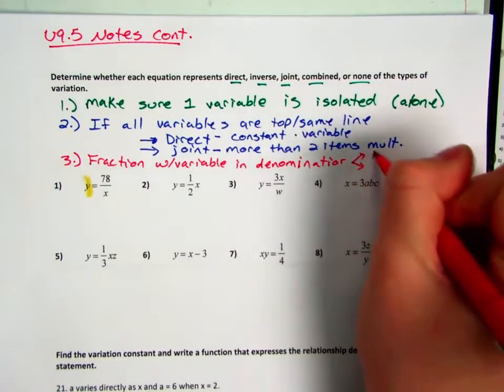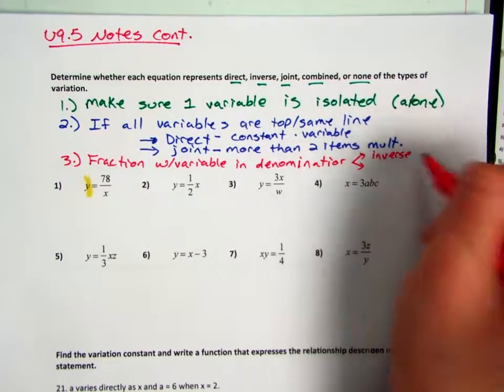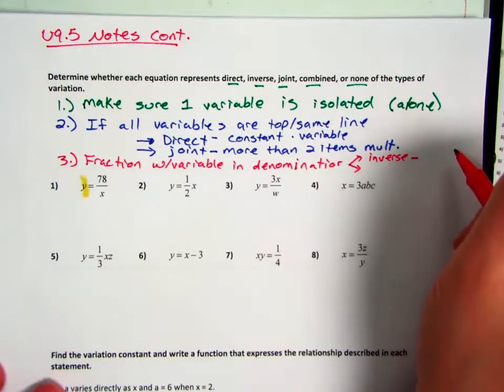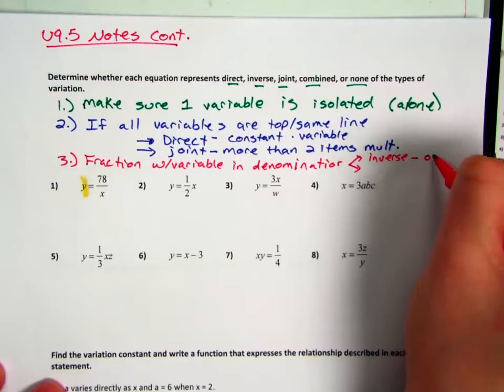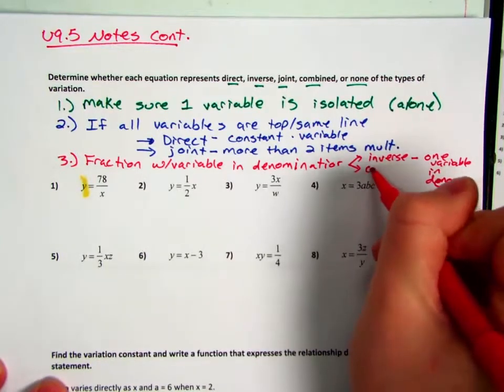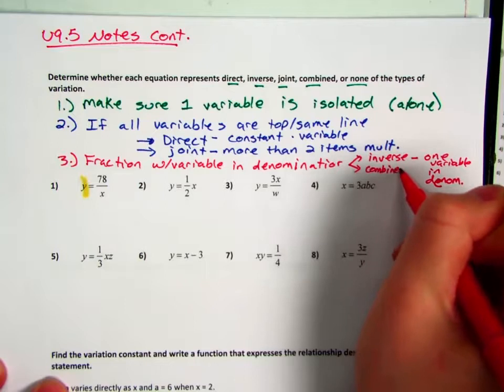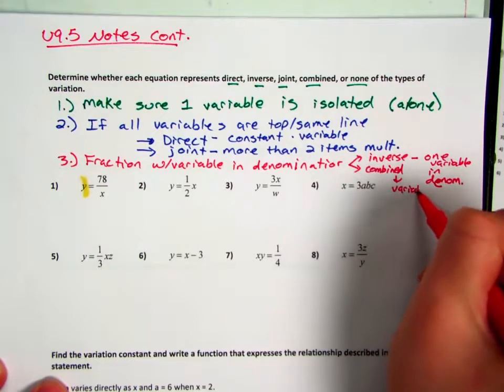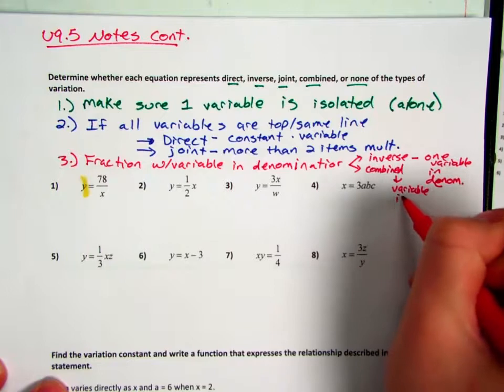There's either inverse, which would be if the variable is only in the denominator, or it could be combined. Right? And combined happens when there's multiplication and division. So in this case, there would be a variable in the numerator and denominator.